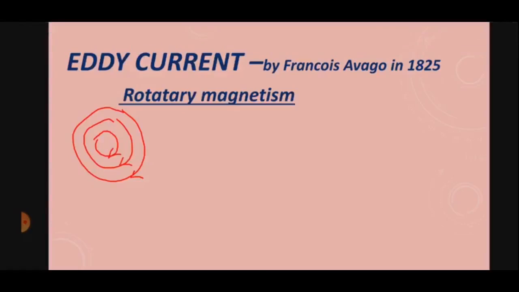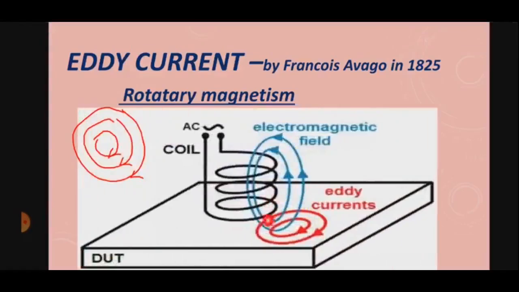Understand students? Okay, now see, this induced current is what we call eddy current. It was first discovered by Francois Arago in 1825. He was a great French mathematician, and also the 25th Prime Minister of France. He described this induced current and introduced a new name, rotatory magnetism.